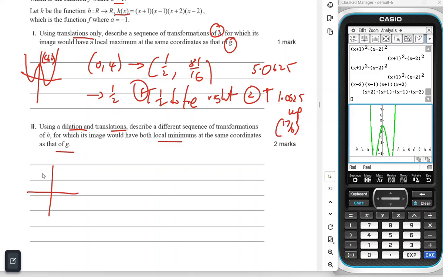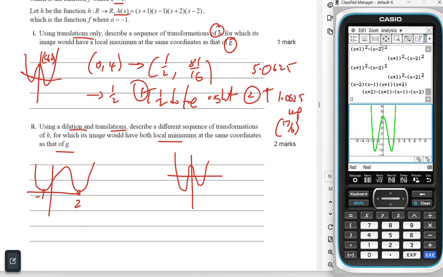G, G's got local minimums at -1, and 2. And this other one has local minimums at negative 9 on 4, and that value will be this one.